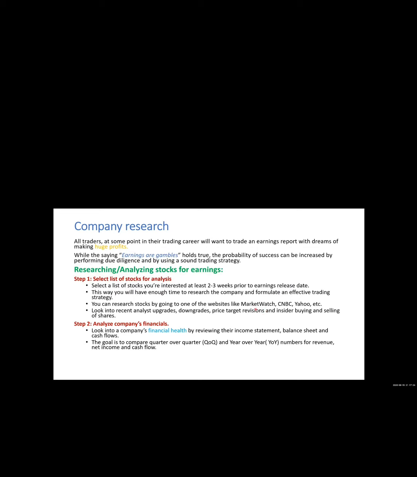So these are the targets that the firm issues based on one of their theories. And most of the time when they upgrade or downgrade a stock, you will see a revised price target as well. So all of this is going to help you form your directional bias.